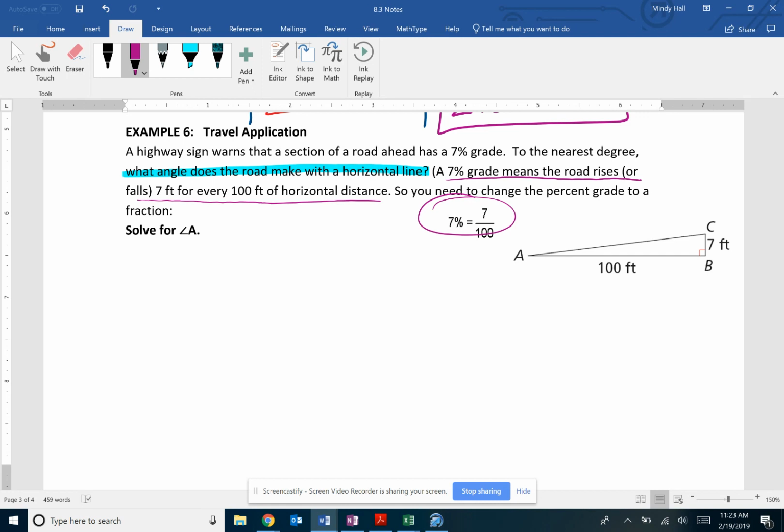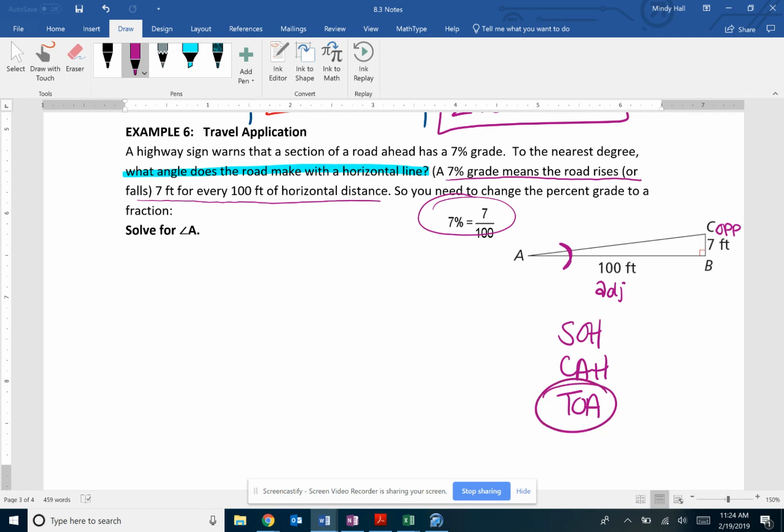Okay, so they just want to know angle A. What is the angle that is formed with the hill? Right? So if we're looking at angle A, 7 feet is opposite of that, and 100 feet is adjacent. So looking at your trig functions, the only one that's going to give me opposite and adjacent is tangent.